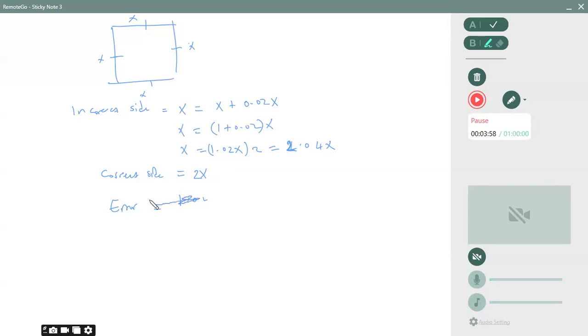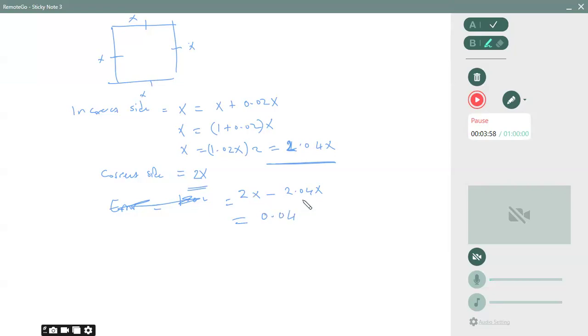So we just need to get the error, the difference in the error made. We just get the difference between that and that. In this case, it is 2x minus 2.04x. So when we get this, we get 0.04.